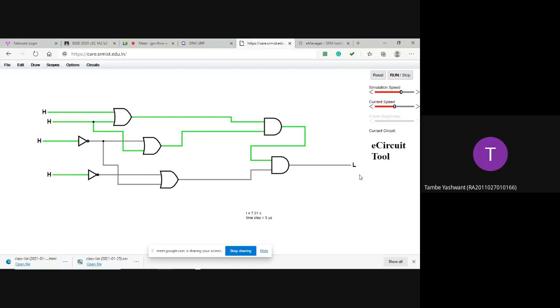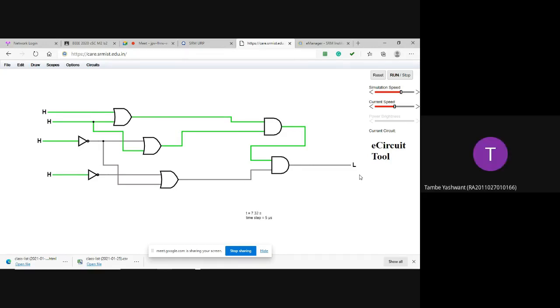0, 2, 3, 4, then 8, 10, 4, 14. Okay, 0, 2, 3, 4, 8, 10, 14.